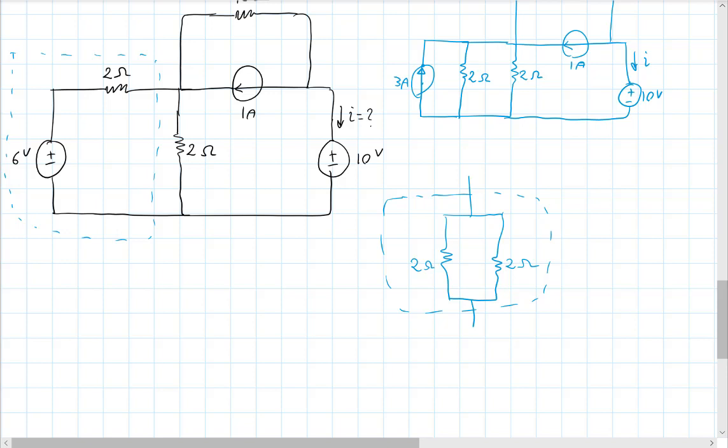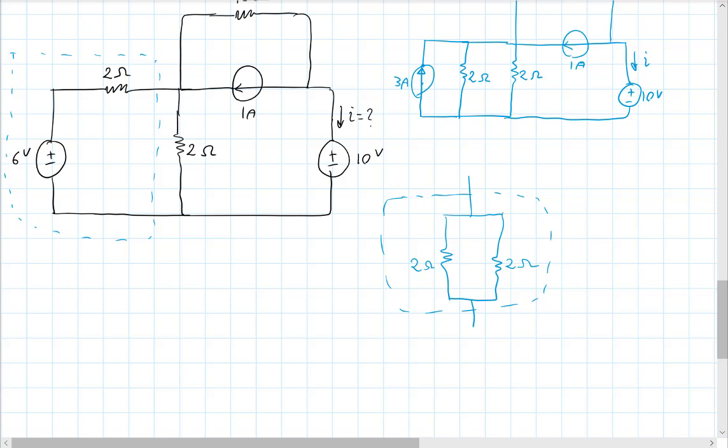What is the Thévenin equivalent of this? 1 ohm between those 2 points. You can measure or calculate the open circuit voltage. What is the open circuit voltage here? 0, right? If you just connect the voltmeter here, there's no source.